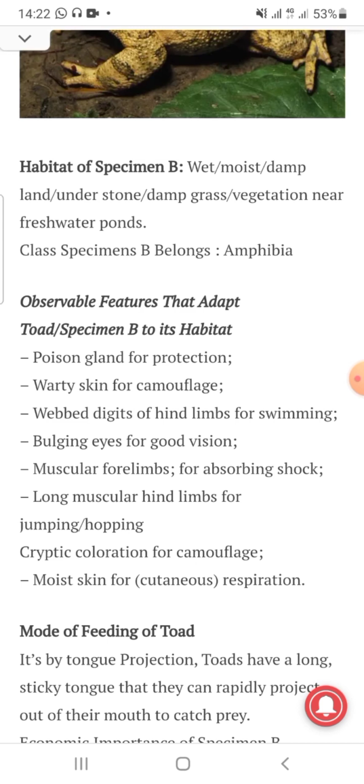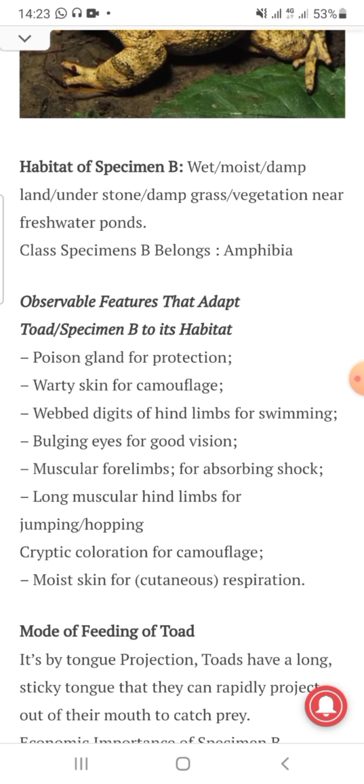Bulging eyes for good vision. Muscular forelimbs for absorbing shock. Long muscular hind limbs for jumping or hopping. Cryptic coloration for camouflage. Moist skin for cutaneous respiration.